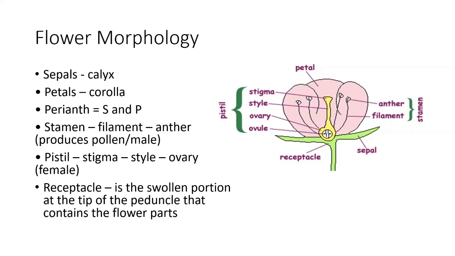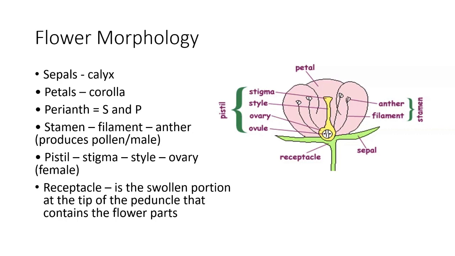Then we go into the next stage, which is the male part of the flower. It's called the stamen. The way I remember that is the word men is in the word. The stamen is made up of the anther and filament. Anther is where the male pollen is produced, that tip part.